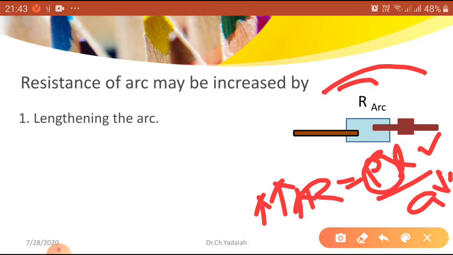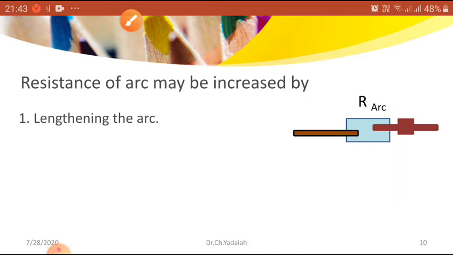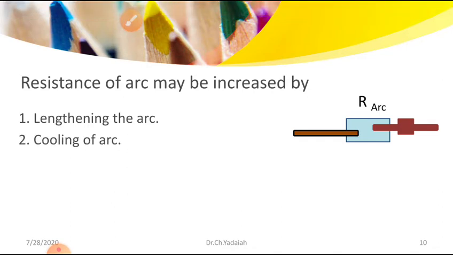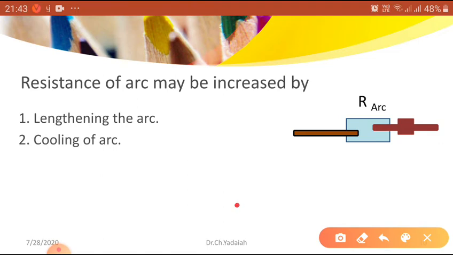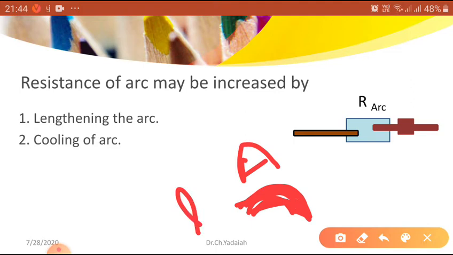In addition to that, another method is the cooling of the arc. What is happening here? This is the initial arc, and this is the thickness of the arc. Instead of this short arc, where the area is more and the length is less, we are going to elongate this arc.